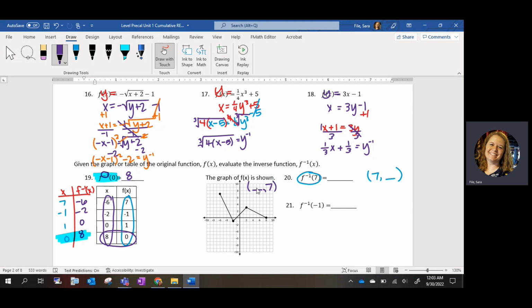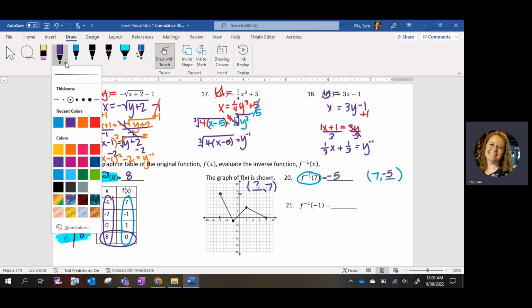Because the x and y switch. So that's what we're asking ourselves. On the original function here, when y is 7, that's right here. Here's my point. X is -5. So on the original function, there's a point at -5, 7. So on the inverse, there's going to be a point at 7, -5.